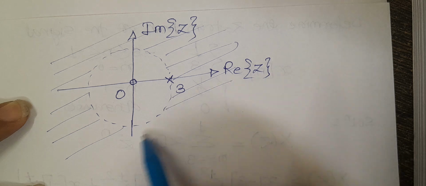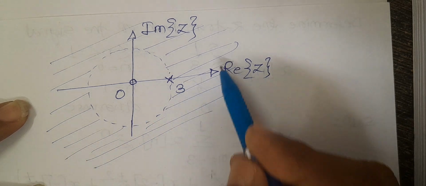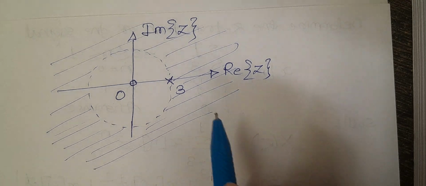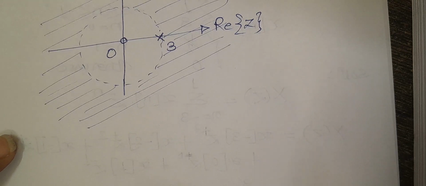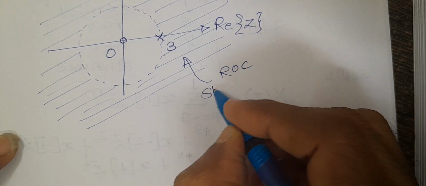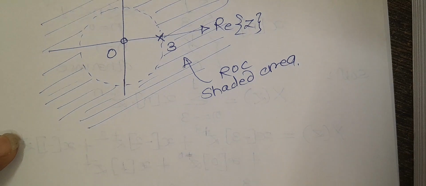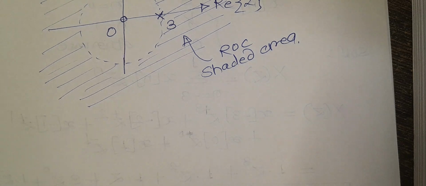The region of convergence is outside the circle having the radius of 3. So these are the locations. The ROC is the shaded area. This is the ROC. And these are the locations of the poles and zeros in the z plane.